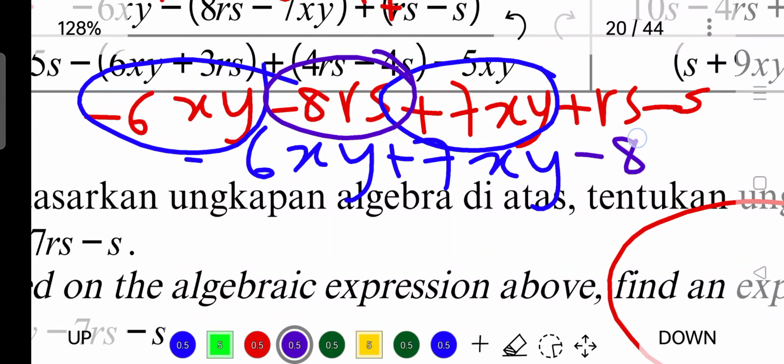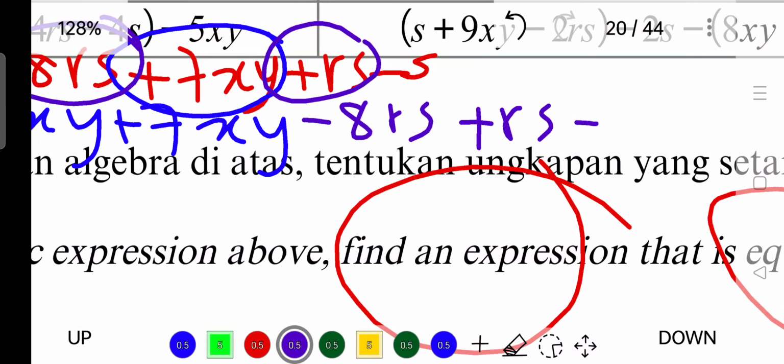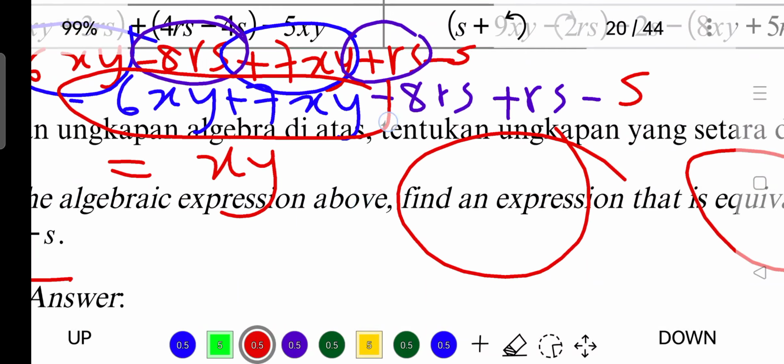minus 8rs plus rs, minus the last one without a family member, which would be minus s, right? So let's check this. The answer will be xy alone, or 1xy, and negative 8rs plus rs will be negative 7rs minus s.